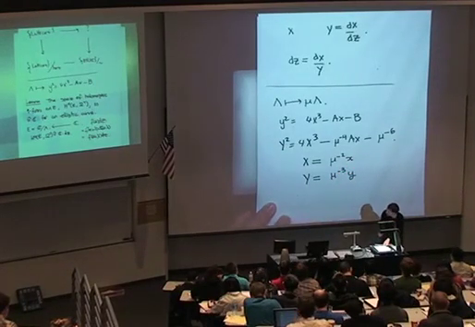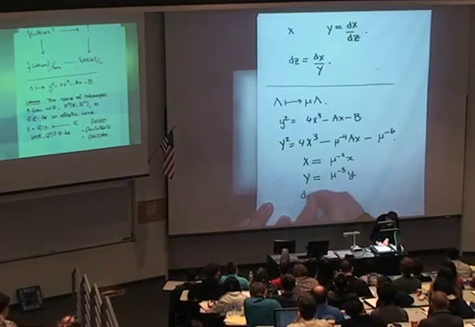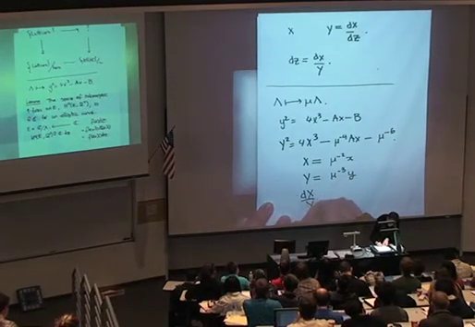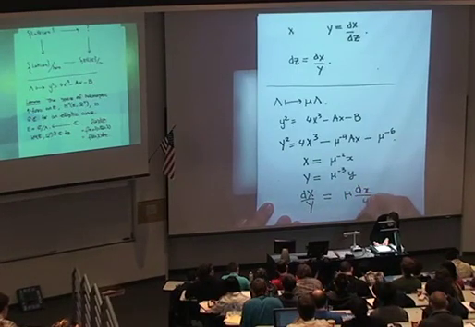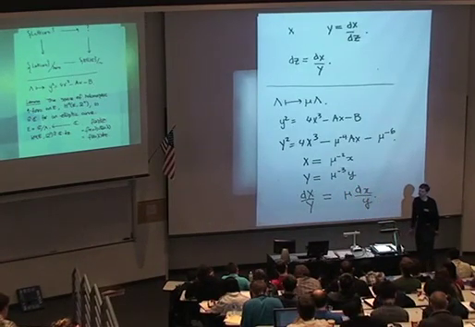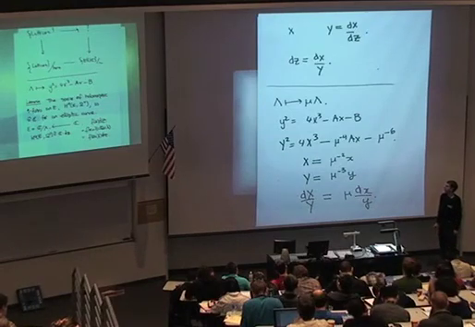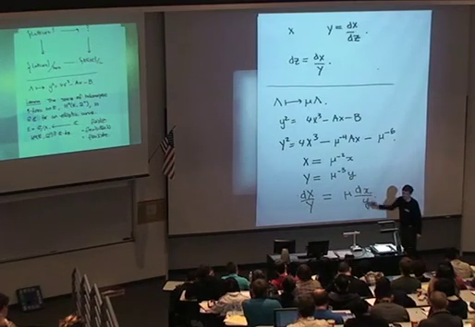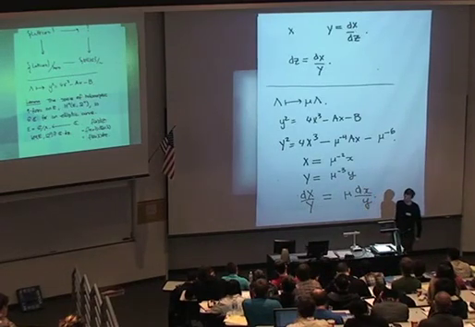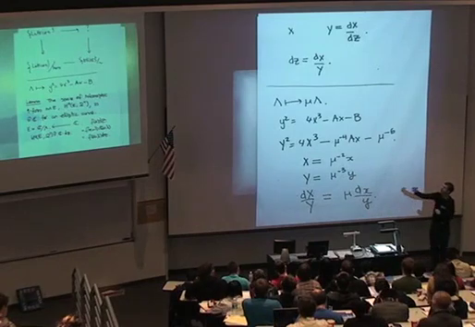And then what happens is that d big X on big Y is equal to mu times d little x on d little y. And that's correct. Great.